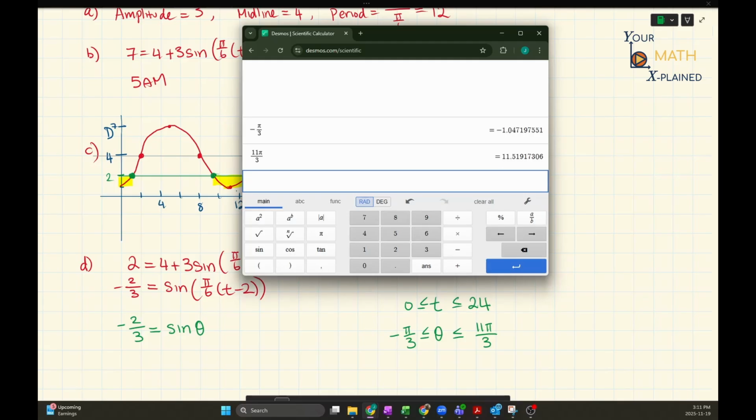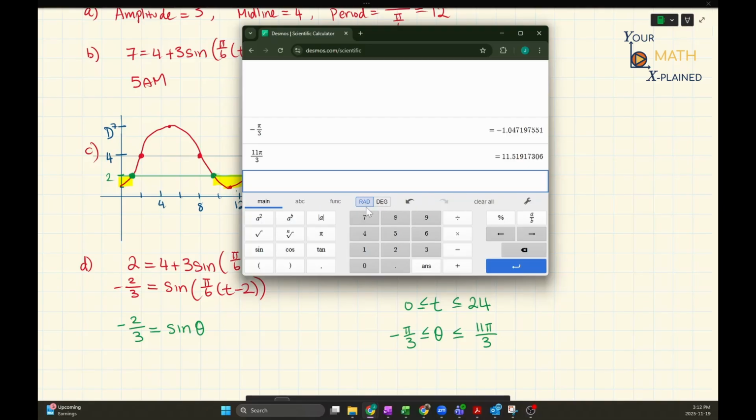So that gives us an idea of what numbers we're looking for. Next, we're going to solve for the equation negative 2 over 3 is equal to sine theta. And like usual, we're going to ignore the negative sign and only treat it as a reference angle, and then we're going to use our ASTC rule to help us determine which quadrants we're in.